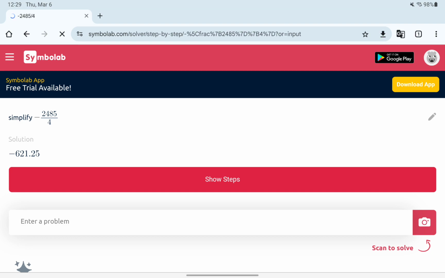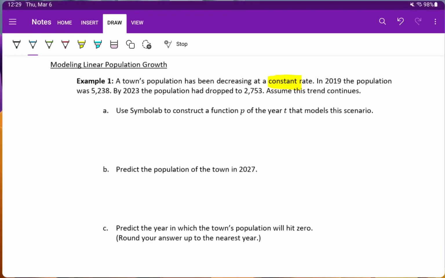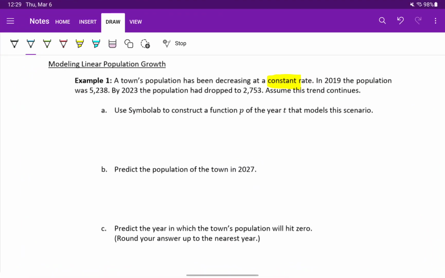We can do the same thing with the second value. And what we'll come up with is the equation p of t is equal to negative 621.25 t plus 1,259,541.75.